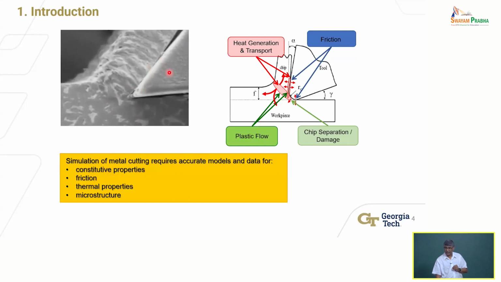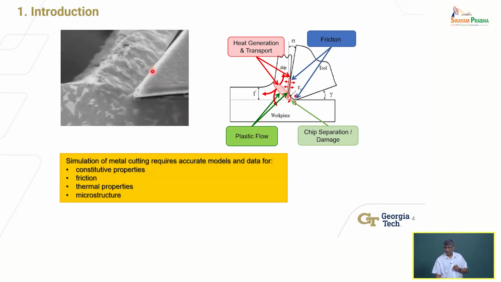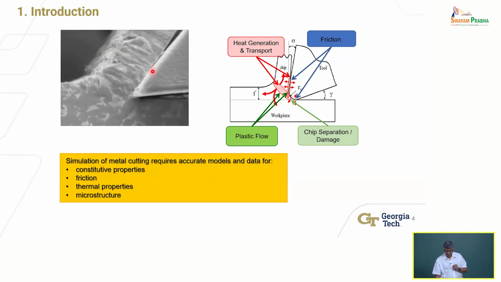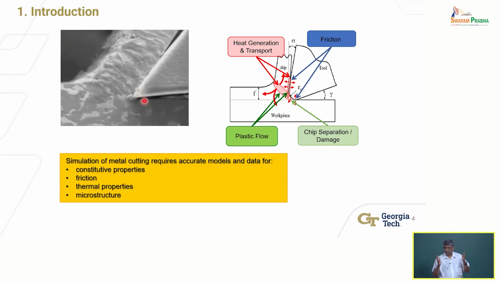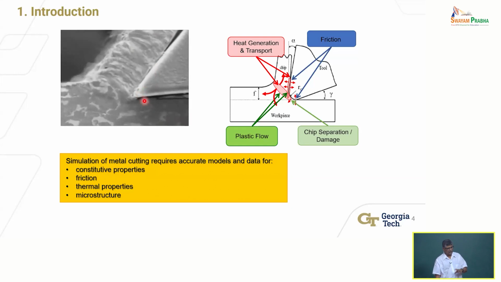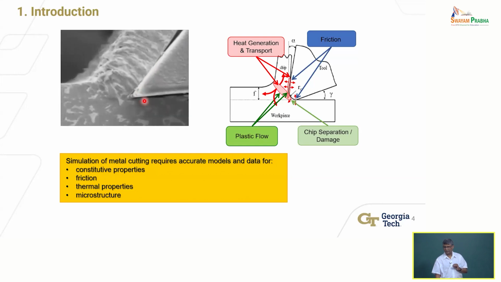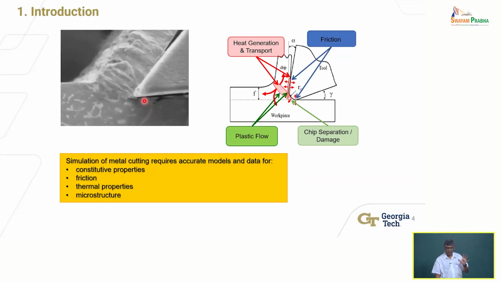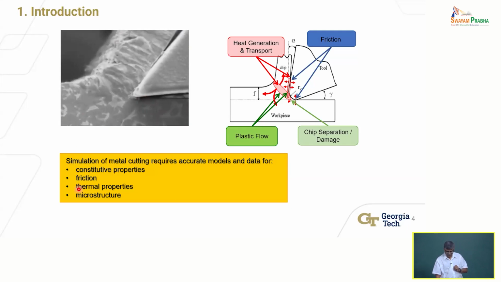This chip is sliding, or appears to be sliding, up on the face of the tool, so there is frictional interaction taking place at least there. Maybe if there is wear on the tool, then there will also be contact there. All of these have to be described. And that friction description is still very complicated. It's not your simple Coulomb friction that you are all familiar with from physics. It's not as simple as that.